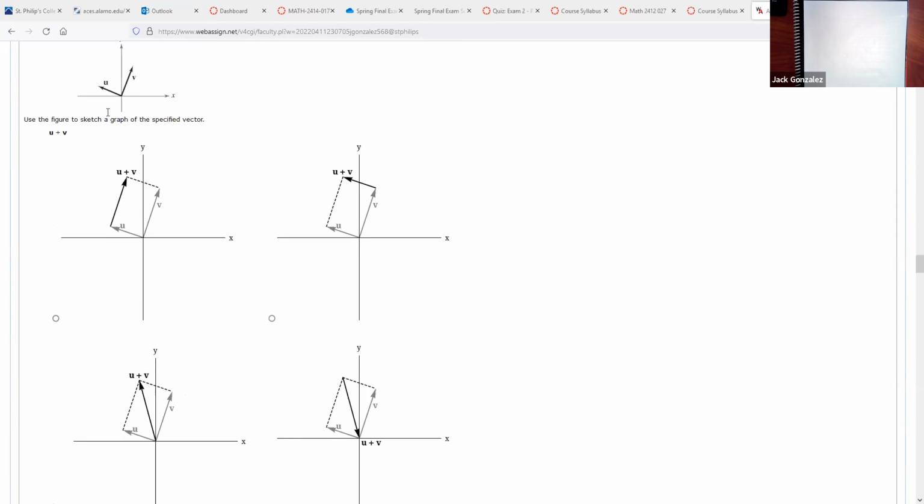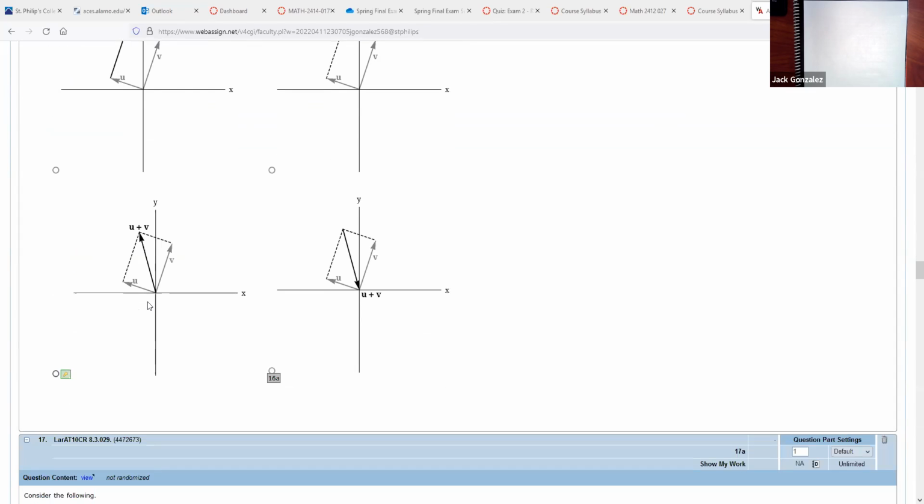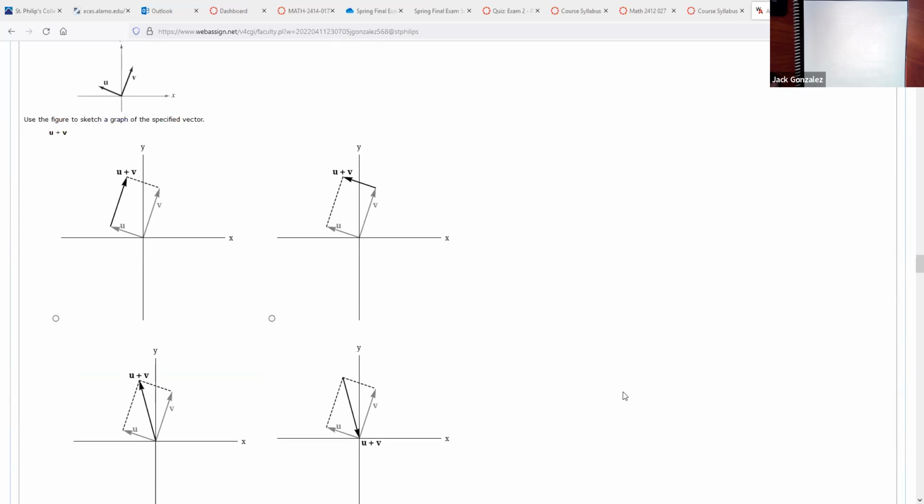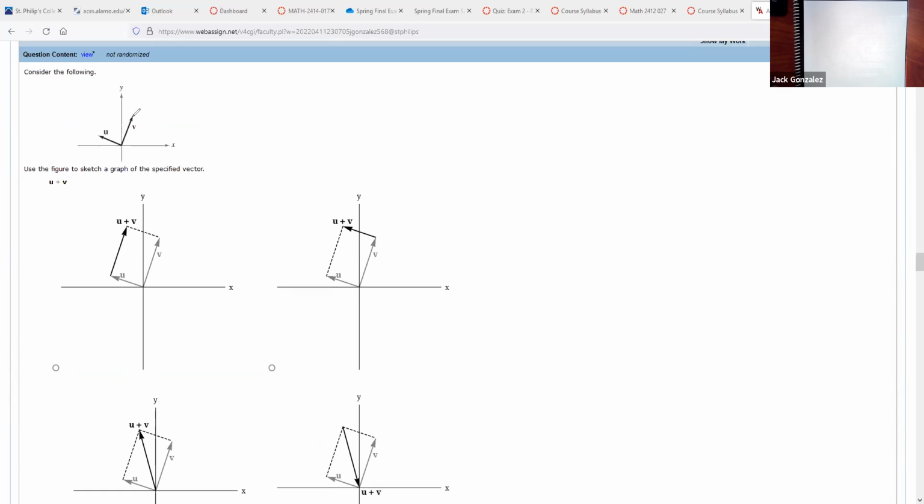They have V and U. If you were to add them together, from tip to tip, the diagonal of your parallelogram will be this. The middle vector would be U plus V. So you just add them together, and you get that other one.